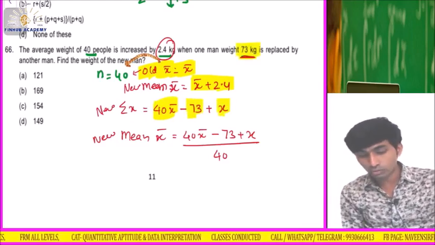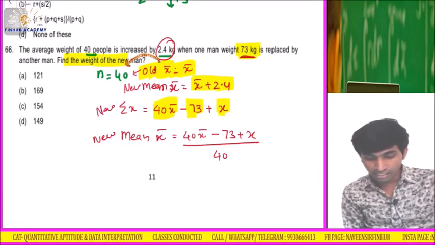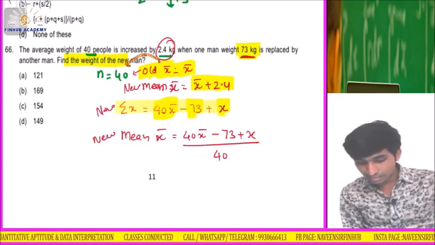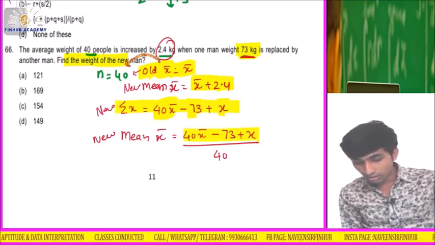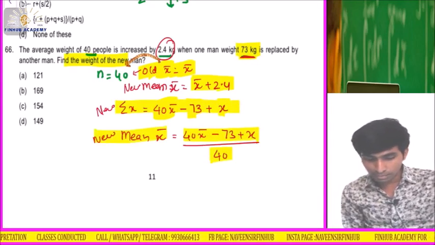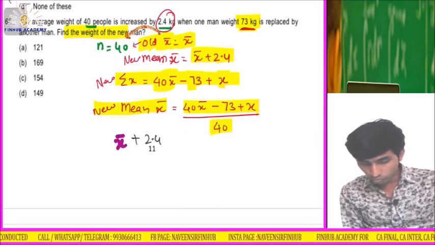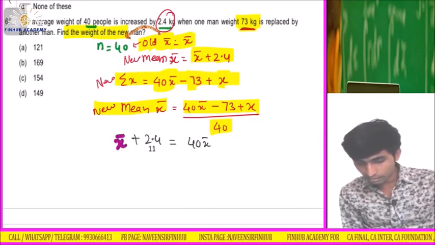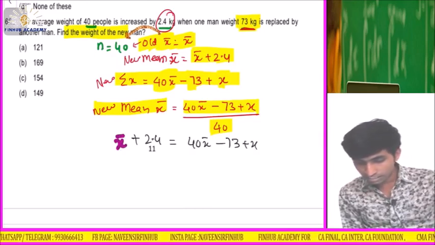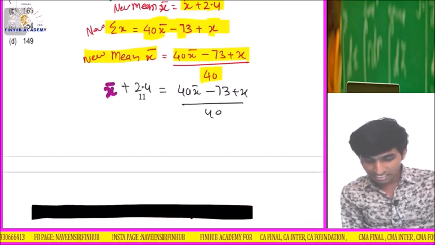That new weight, the weight of the new man, is what I have to find, okay? So this is the correct summation x upon n. n is still 40 and the new mean we know, x bar plus 2.4. So x bar plus 2.4 is equal to 40 x bar minus 73 plus x, upon 40, okay? So can this get cancelled? Yes, it will get cancelled.